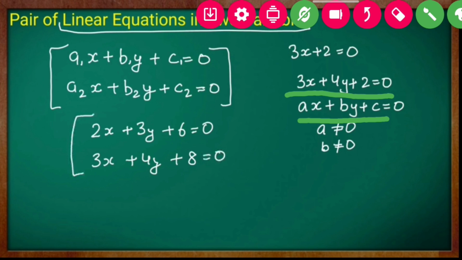Now compare it with ax plus by plus c equals 0. Then the value of a is 3, the value of b is 4 and the value of c is 2. In a linear equation, a is not equal to 0 and b is not equal to 0.